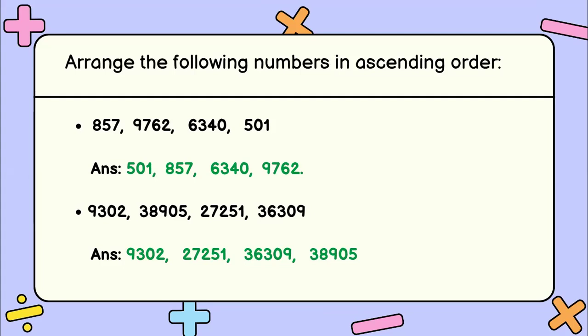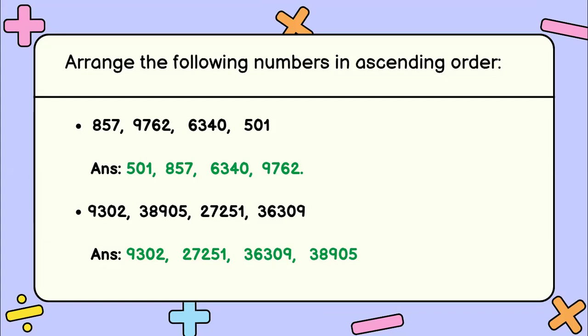Then, let's move on to these 3 numbers. 27,251 is smaller than 38,905 and 36,309, right? Because 2 is smaller than 3 and those two numbers have 3 at the start. So, we write 27,251 after 9,302.